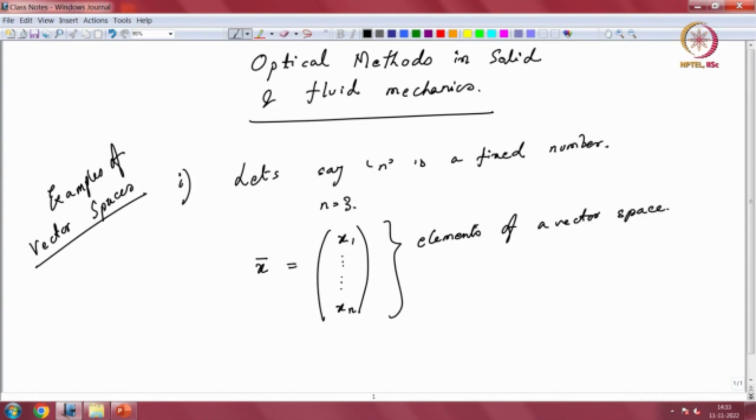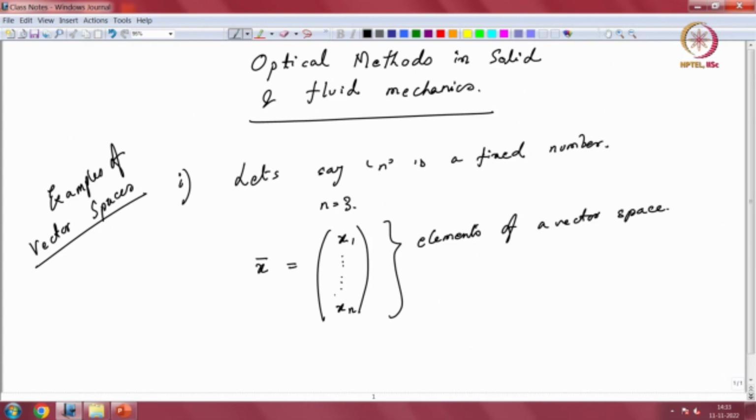Every time you change n, it results in a new vector space. So if you go from n equal to 1 to 2 to 3 to 4, these are all different vector spaces. But when you keep n constant, that is one vector space, all possible vectors like that.